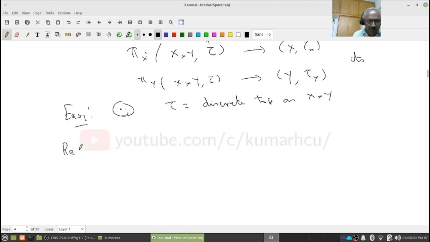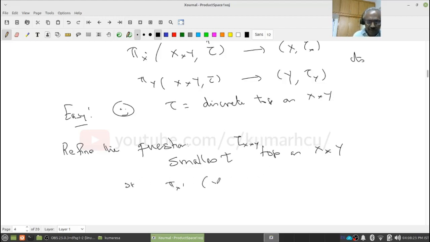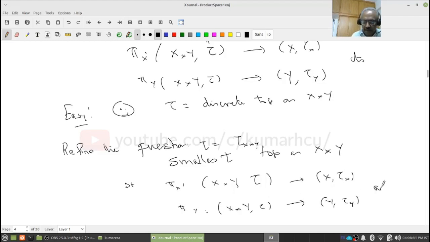So we refine this question. How do I ask? I ask for the smallest topology on X × Y. Smallest topology, let us write τ on X × Y, so that the maps π_X from (X × Y, τ) to (X, τ_X) and π_Y from (X × Y, τ) to (Y, τ_Y) are continuous.